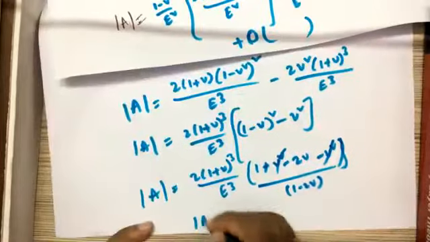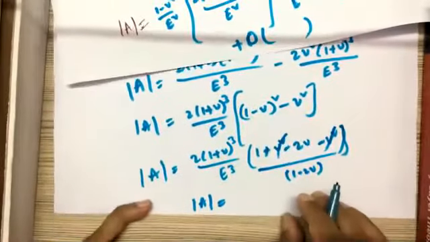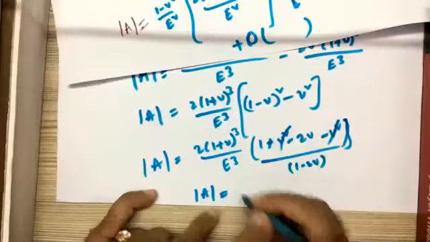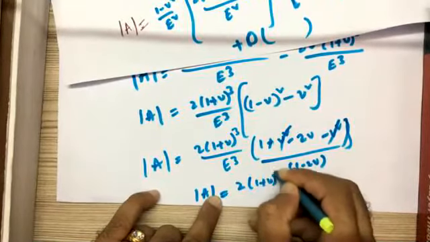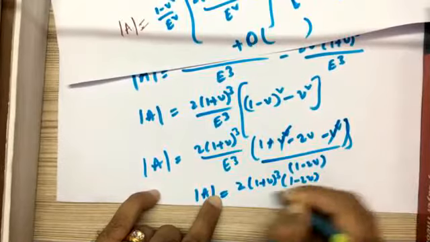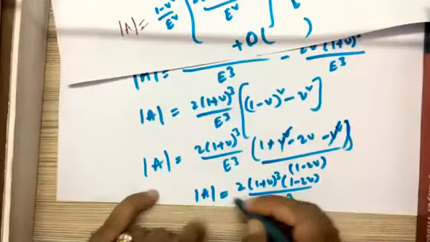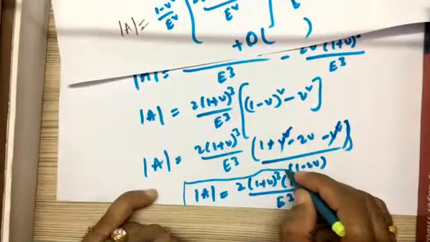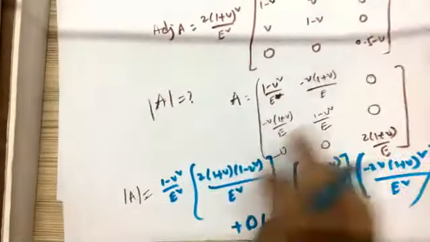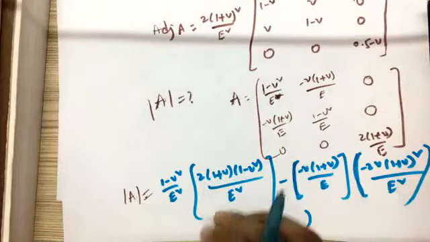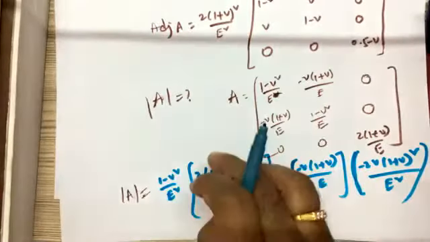So therefore det A is equal to 2 into (1 plus nu) whole cube into (1 minus 2 nu) divided by E cube. So this is your det A, right? Now we got adjoint A. What is the A inverse?